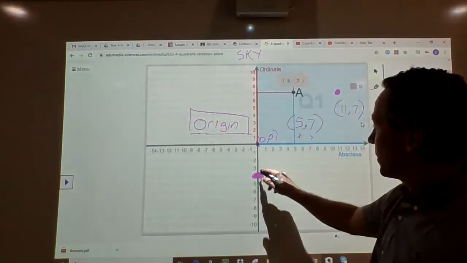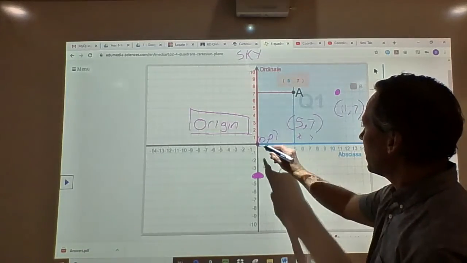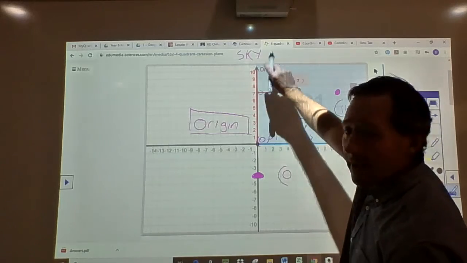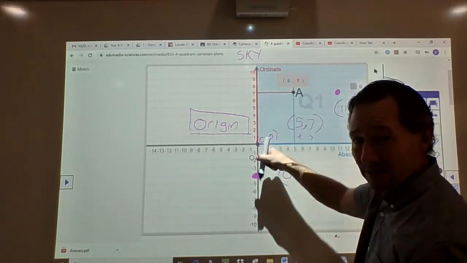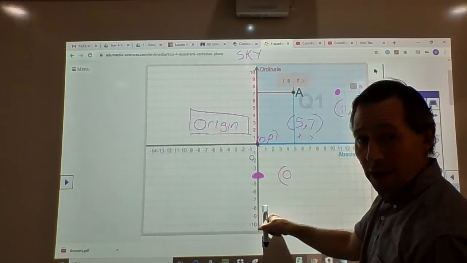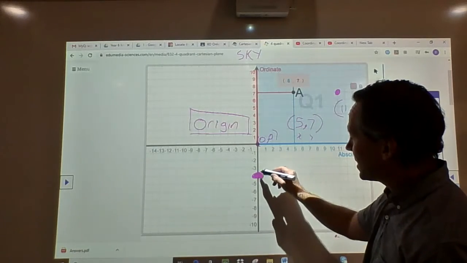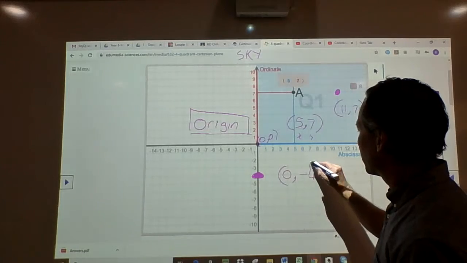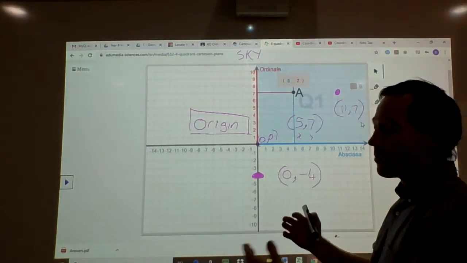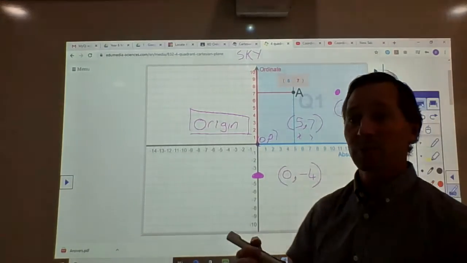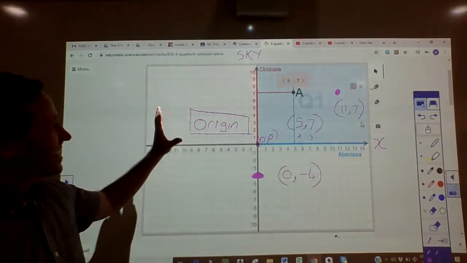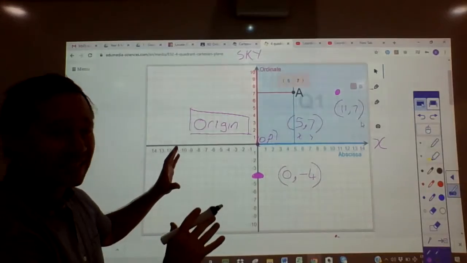So the actual plot point for this would be, I'm not going anywhere, so I'll put 0. Then instead of going up towards the sky, I'm actually coming down. So that is still on the y-axis, and it's down -4. Okay, so we've got negative and positive numbers. So we've got to be a little bit tricky how we organise all that there. Apart from that, it's pretty much the basics of it.